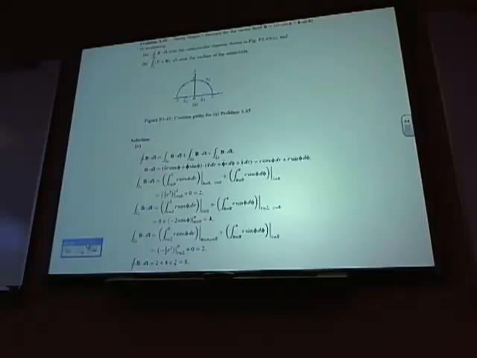When you write a vector P, you're going to write your r vector, and then I think they do phi and theta. Is that right? Or is it r, theta, and phi?